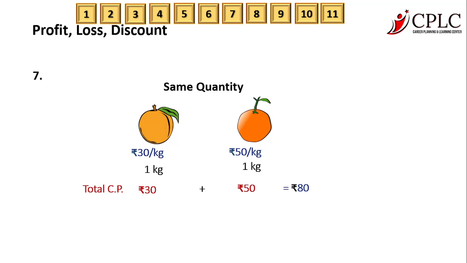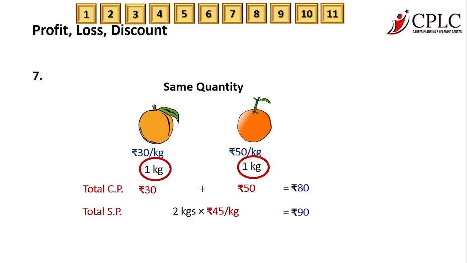Now we have to mix them both and sell the mixture at 45 rupees per kilo. If we mix both these varieties, we'll have 2 kilos of mixture, 1 kilo each. So 2 kilos of mixture and we are supposed to sell at 45 rupees per kilo. So the total selling price obviously becomes 90 rupees.